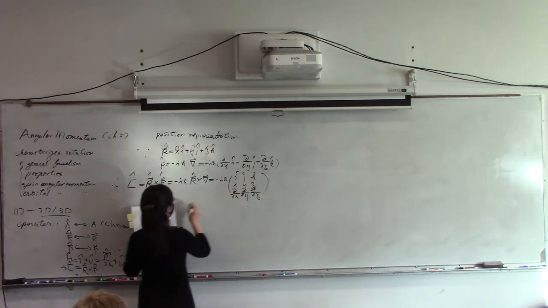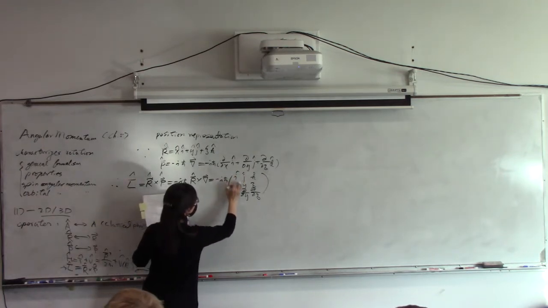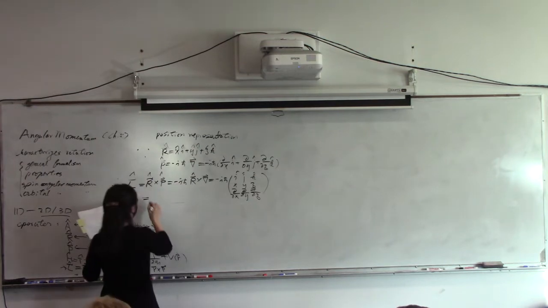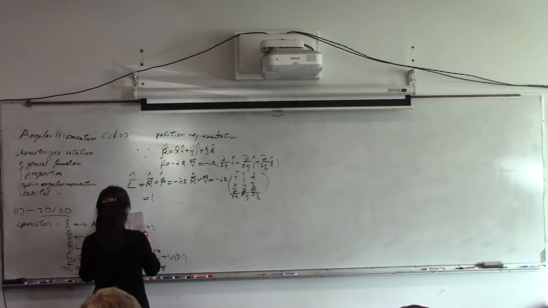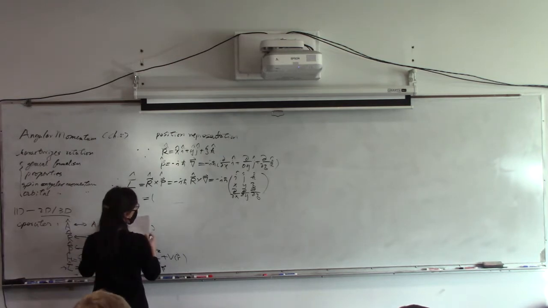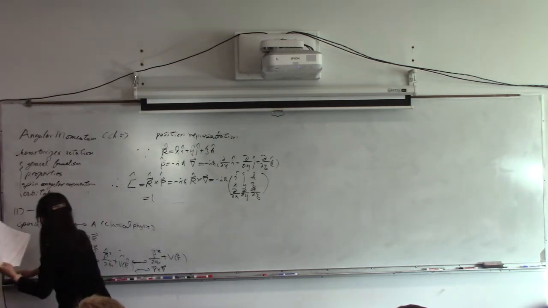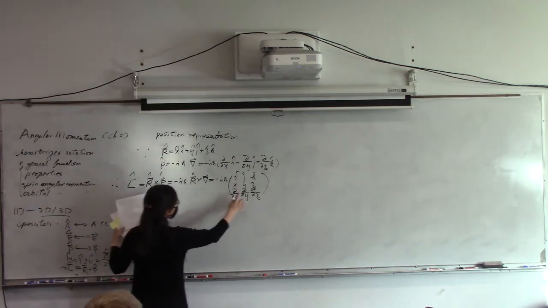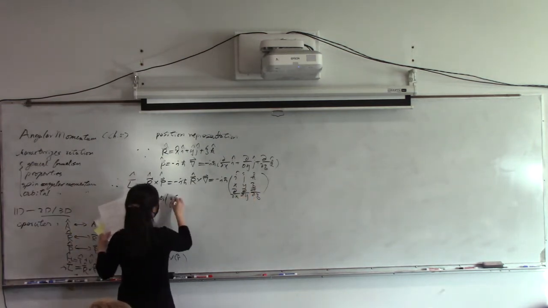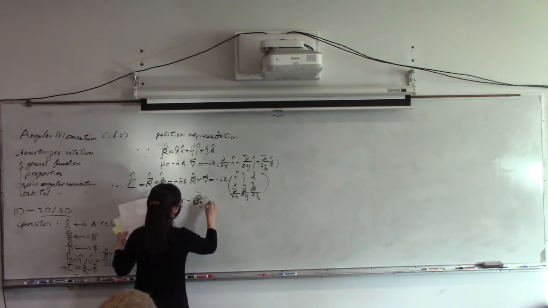From this matrix you can get the x component, projected onto i. That is minus i h bar, and the first one is this one multiplied minus this one, so that's y partial z minus z partial y.